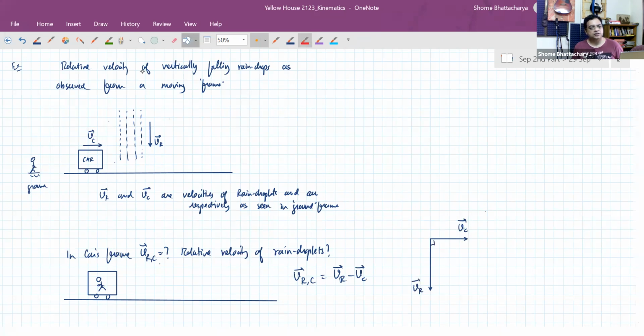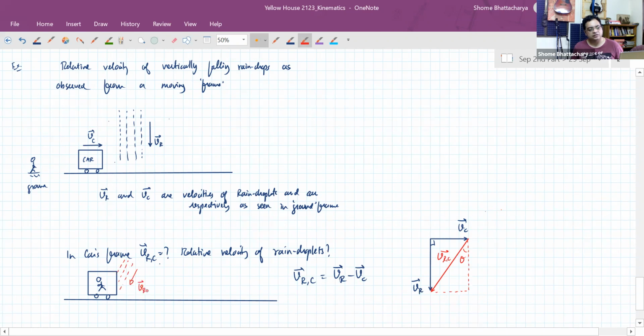So as per the triangle law, the vector difference of these two is this vector, the velocity of the rain with respect to the car. If this angle is theta, then to this observer, the rain will appear to be falling in this sort of a direction.